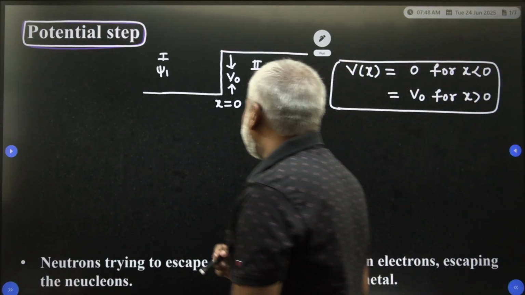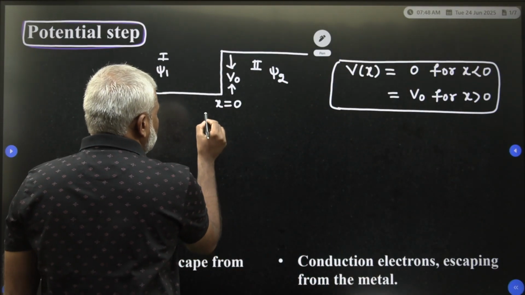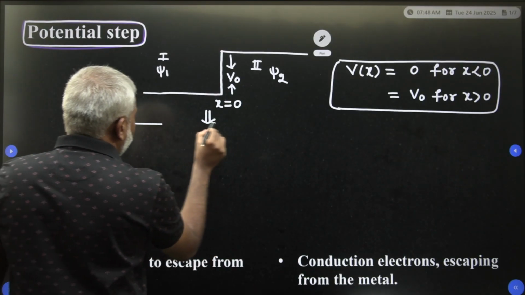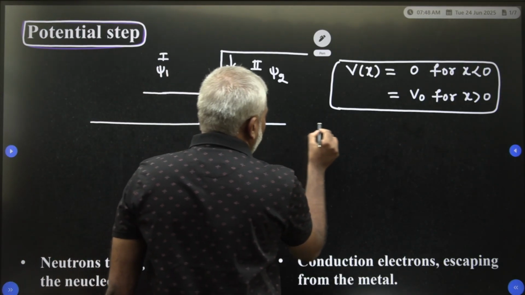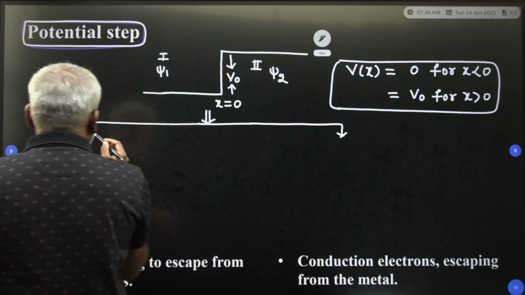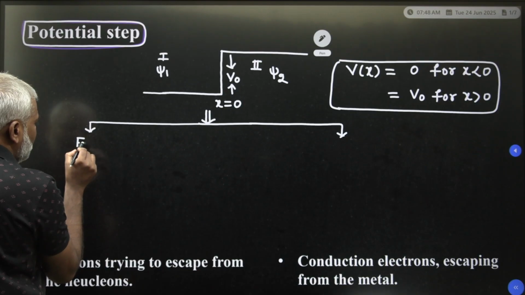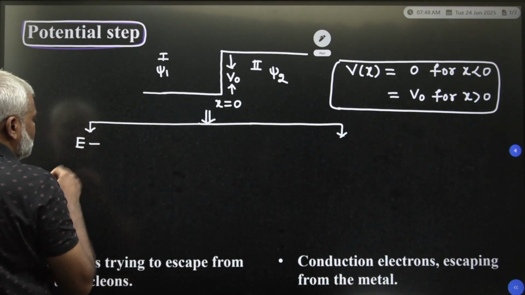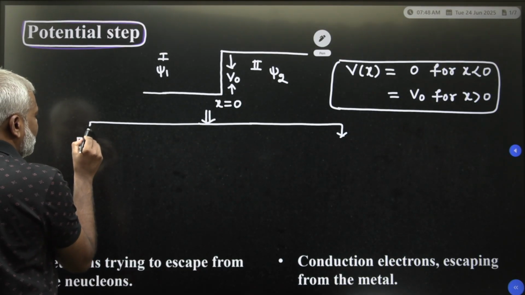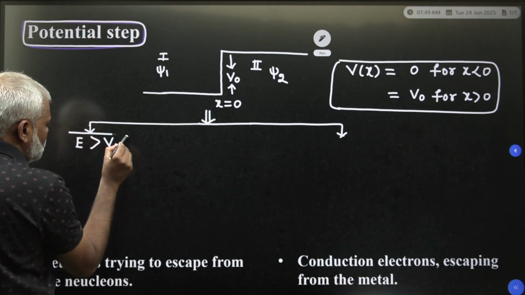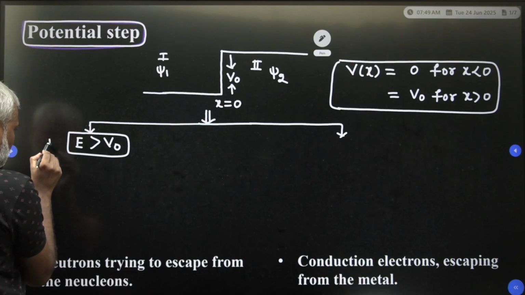Now here two cases are there, and you have to take the energy of the particle. Case number 1 is E greater than V naught, where E is the energy of the particle. This is case number 1, correct?